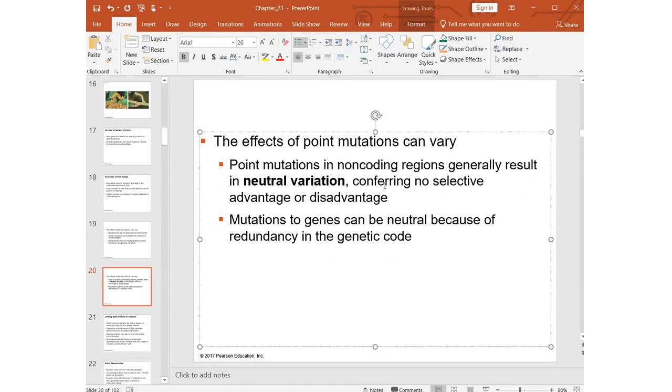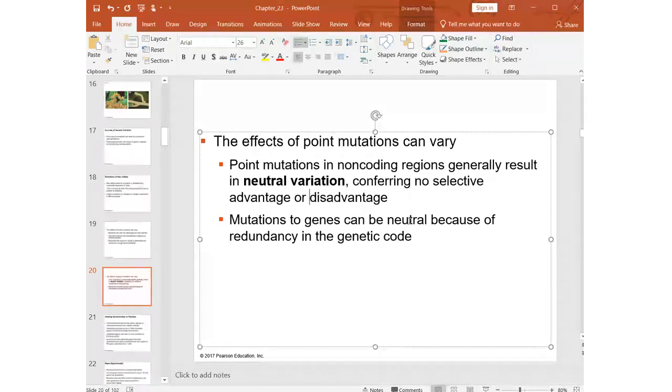And there's really no selective advantage or disadvantage. And so those types of neutral variation point mutations usually hang around pretty much permanently on the chromosome, because they're not taken out by natural selection.